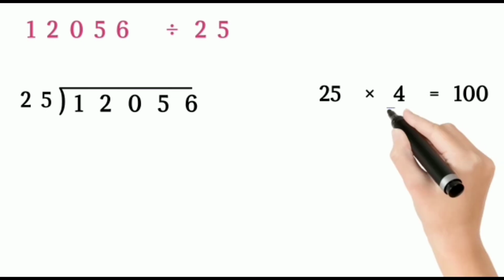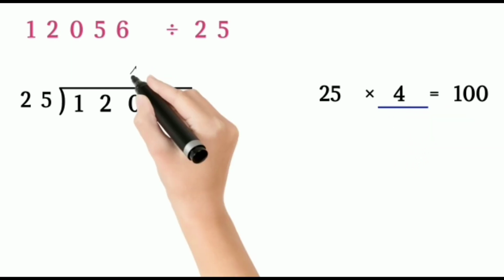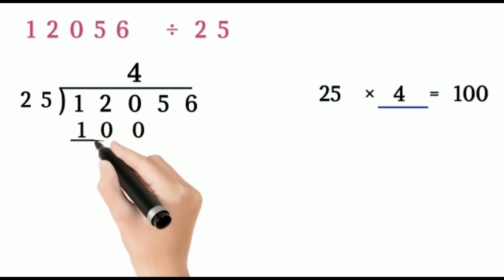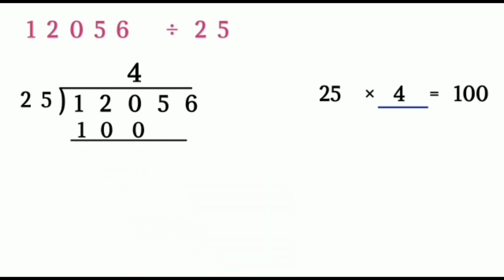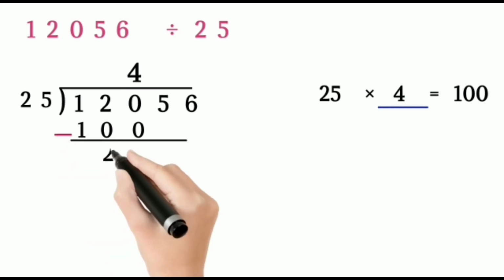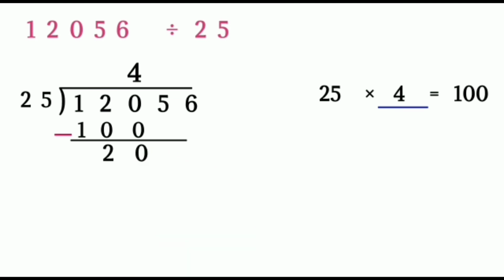How many 25s can we take from 120? That is 25 fours are 100. Then write 4 in the quotient and 100 below the 120. Then subtract. We get 20. Bring down the next digit, that is 5.